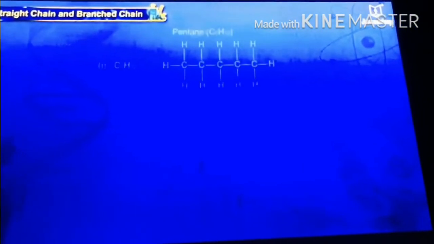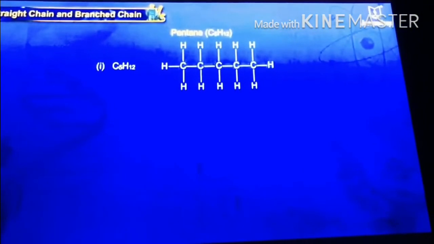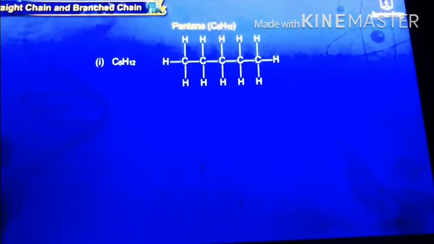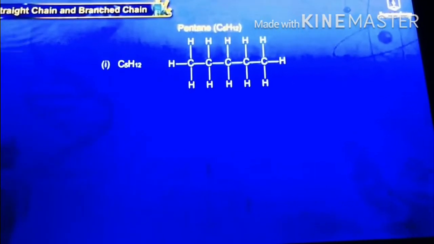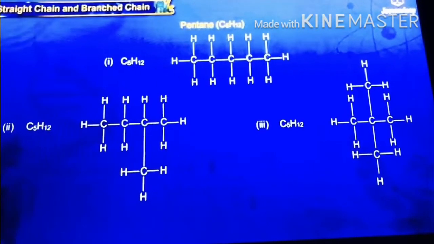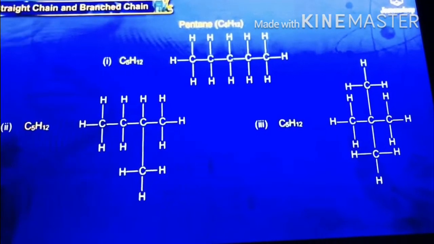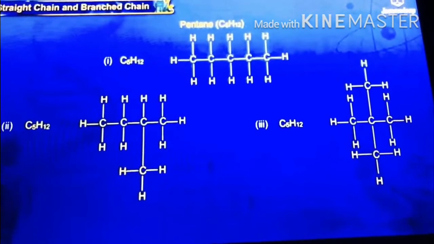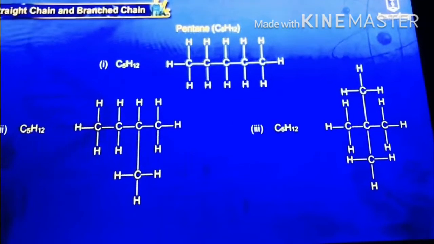Straight chain and branch chain. If we take the example of pentane C5H12, we can see that different structures are possible. In the above compound, the carbon atoms are linked together in the form of open chain.